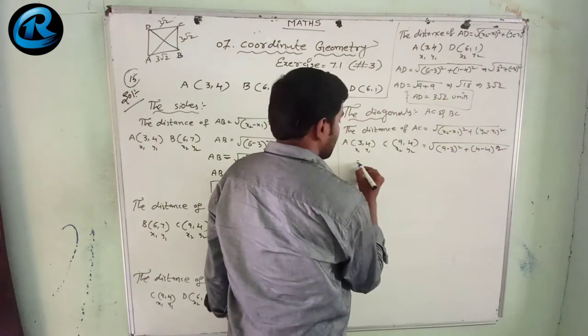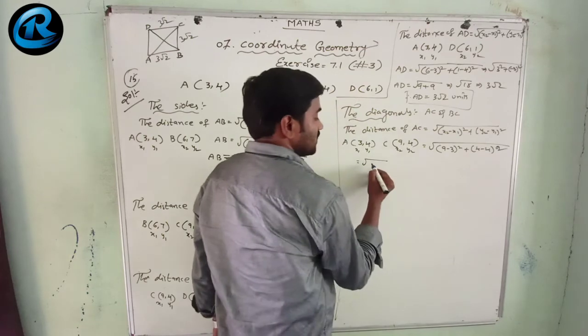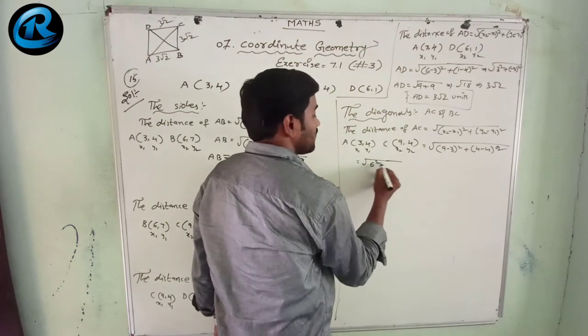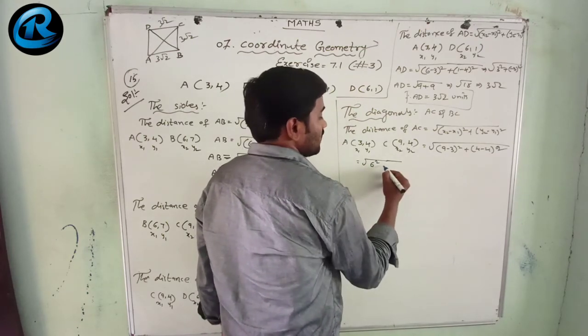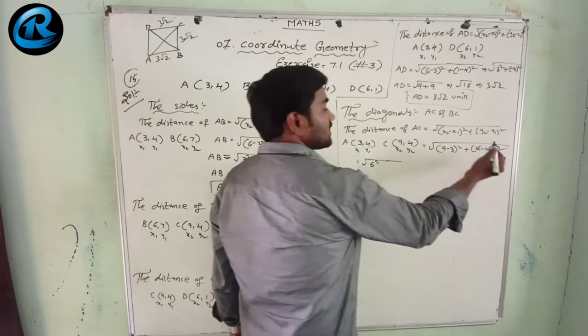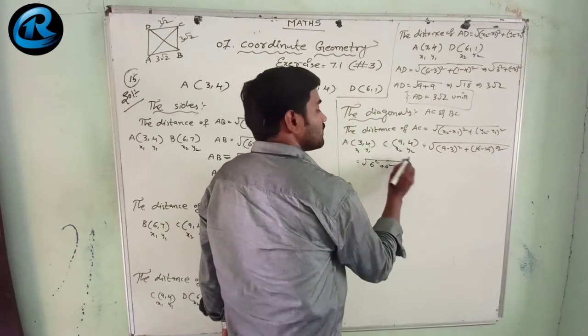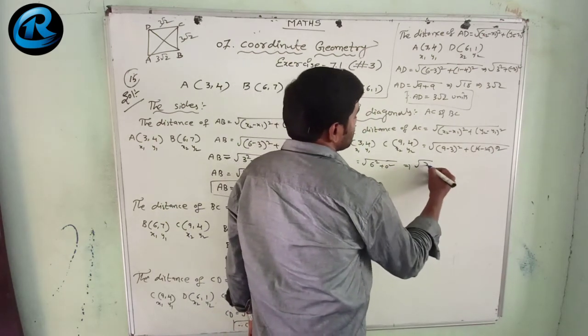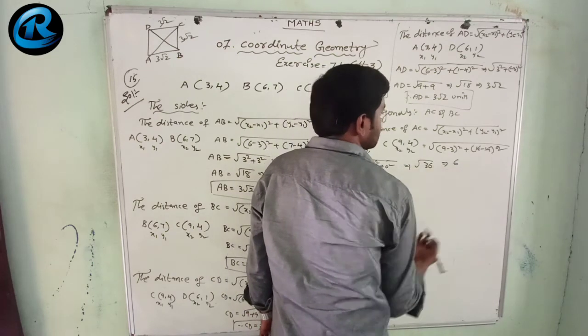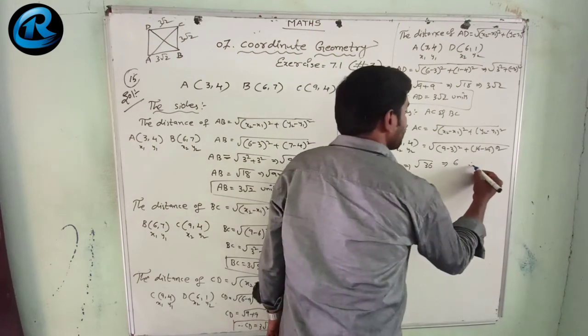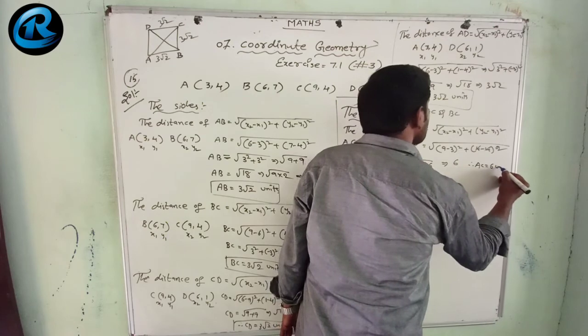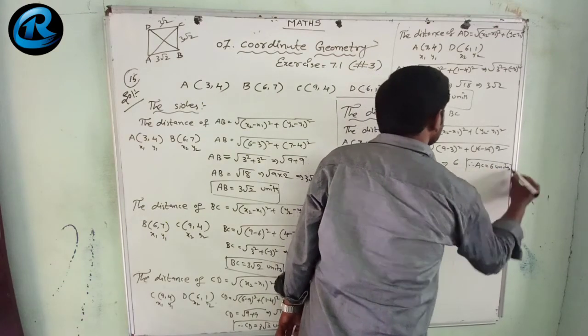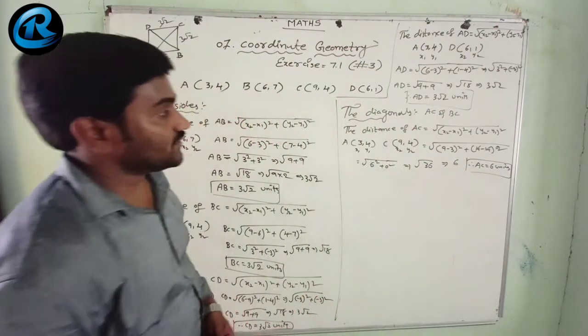So 9 minus 3 is 6 whole square plus 4 minus 4 gets cancelled, 0 square. Yes, 6 square is root 36, that value is 6. Therefore AC equal to 6 units.